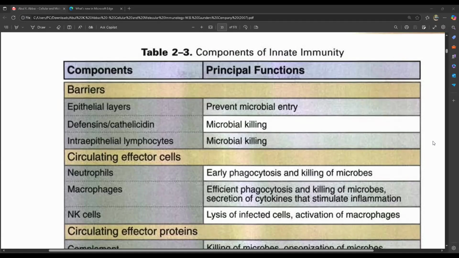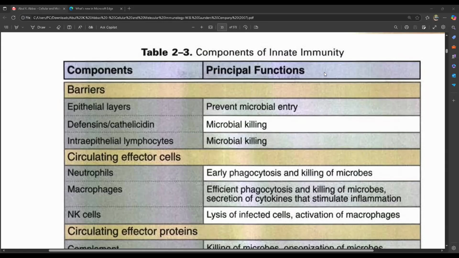In innate immunity, we see that different proteins and barriers are involved, which provide this general line of defense against pathogens, and which is non-specific. So we can say that immunity is of two types: innate immunity, that is non-specific immunity, and adaptive immunity, that is the specific immunity.